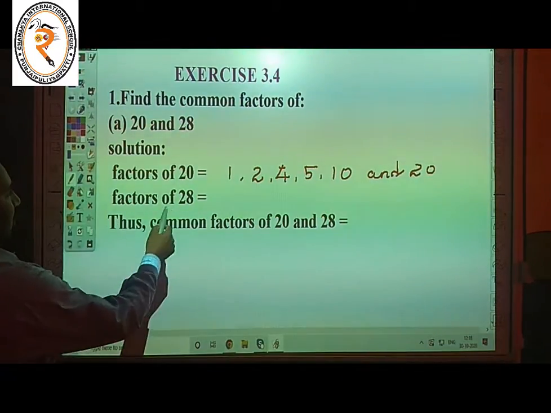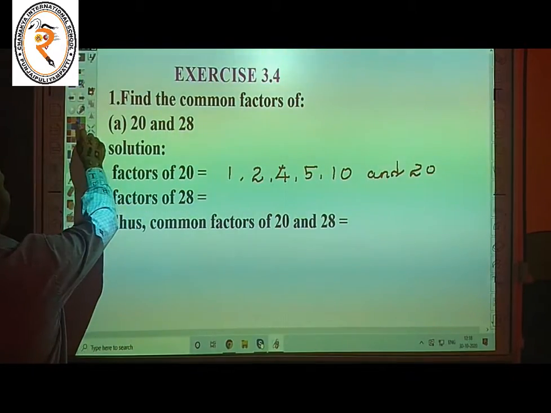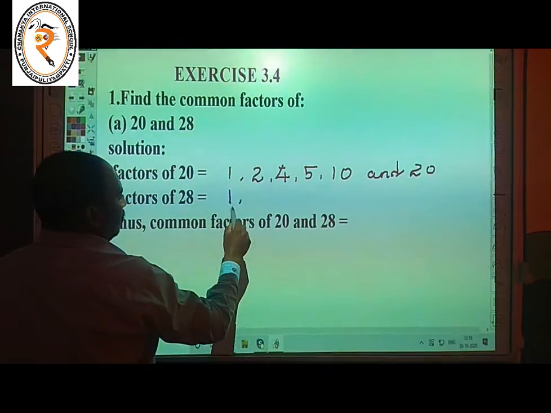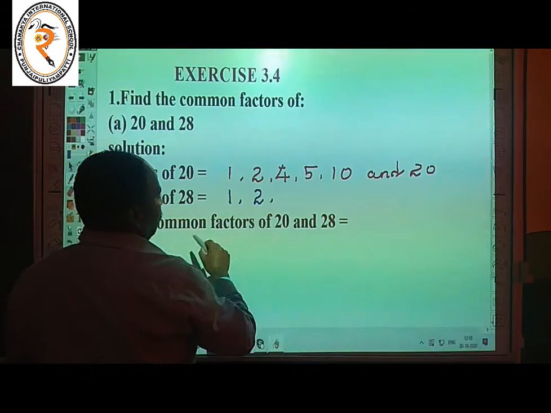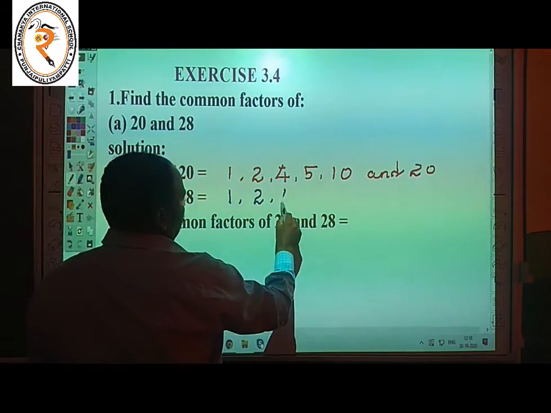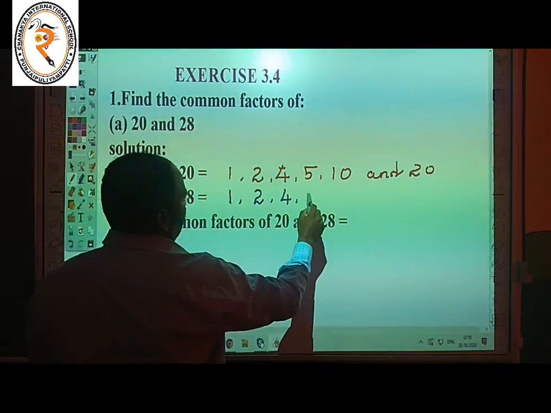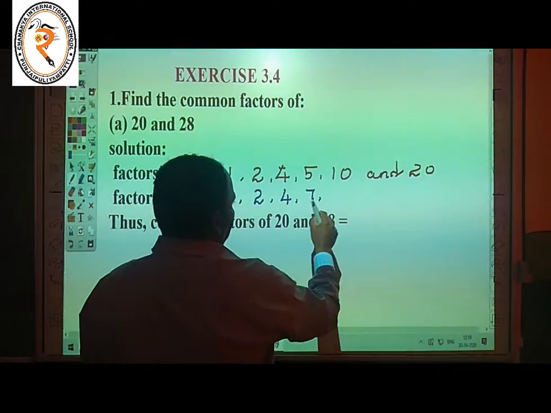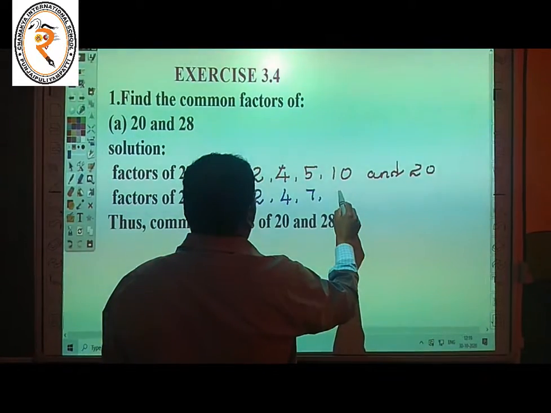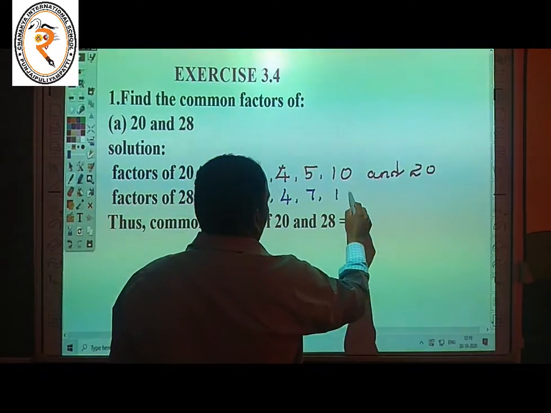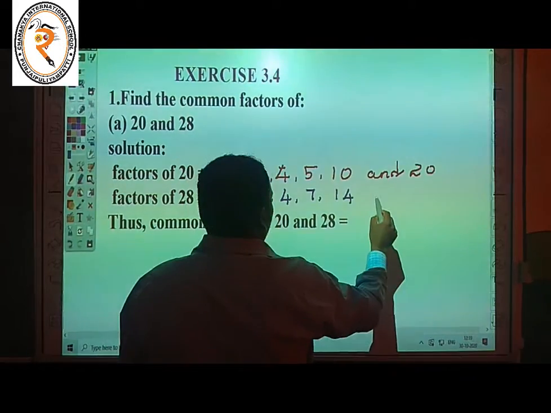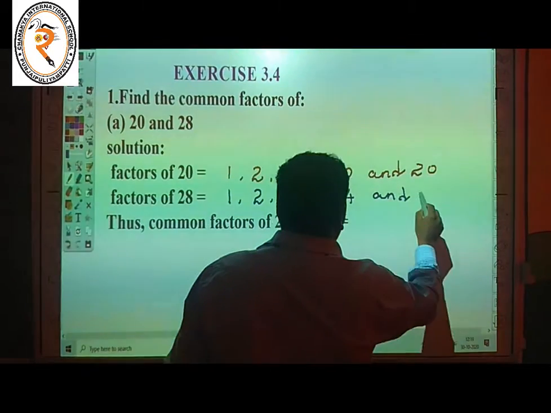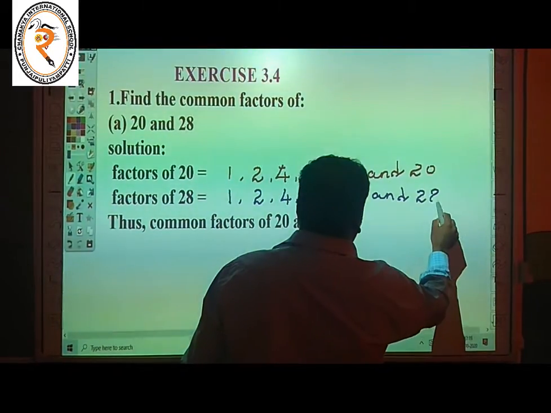Next one. Factors of 28. Factors of 28 is equal to 1, 2, 4, 7, 14 and itself, 28.